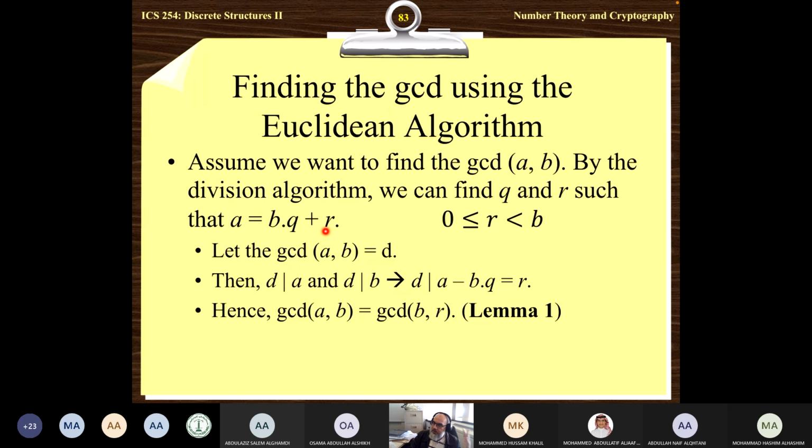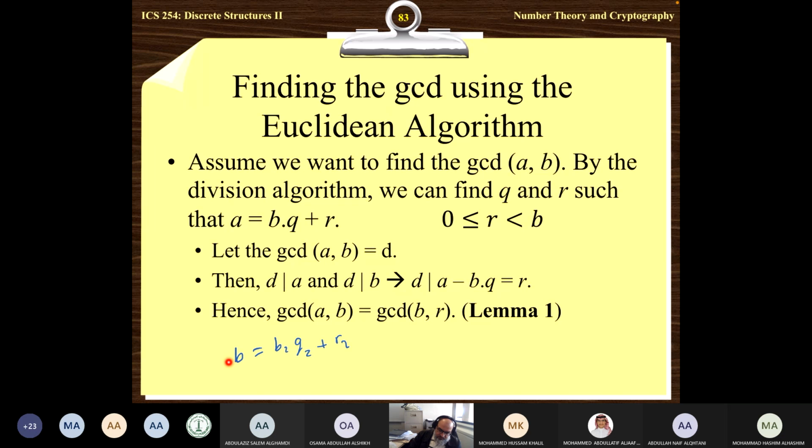How can you continue? Just continue the same thing. You bring the b here. So you will say b is equal to b2 times q2 plus r2.